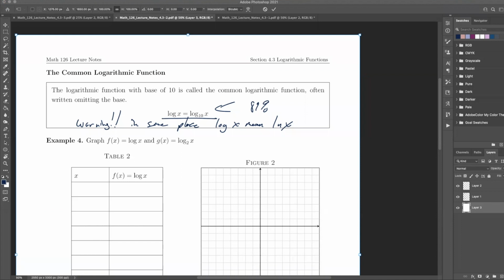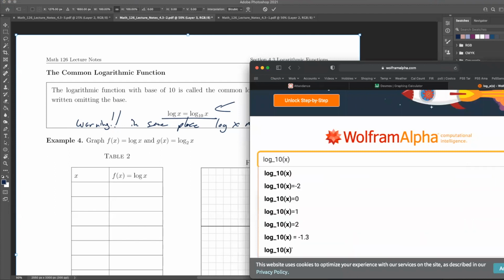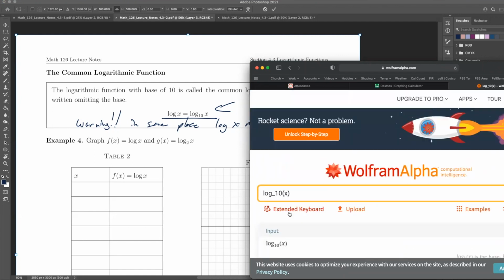Here in Wolfram Alpha, log base e of x is written as log of x, and log base 10 of x is clearly written as log base 10 of x. So it's not true everywhere.